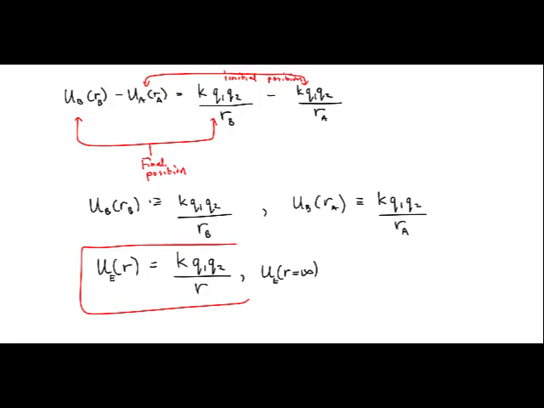So when the two charges are separated by an infinite distance, we're going to define the potential energy between those two charges to be zero. If we hold this definition that the potential energy of two charges separated by an infinite distance is zero, then our definition of potential energy will work, where potential energy is a function of position only, based off of this separation distance between the two charges.